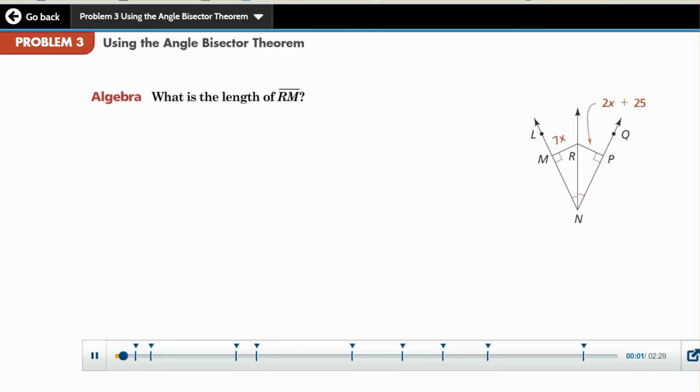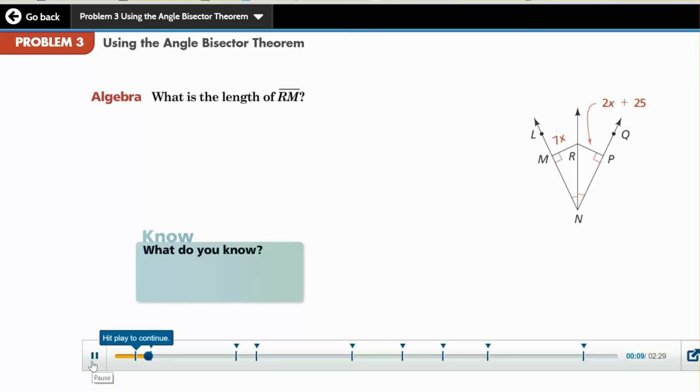In this problem, you will use the angle bisector theorem. What is the length of segment RM? What do you know? You know that ray NR bisects angle LNQ. You also know that segment RM is perpendicular to ray NL, and segment RP is perpendicular to ray NQ.